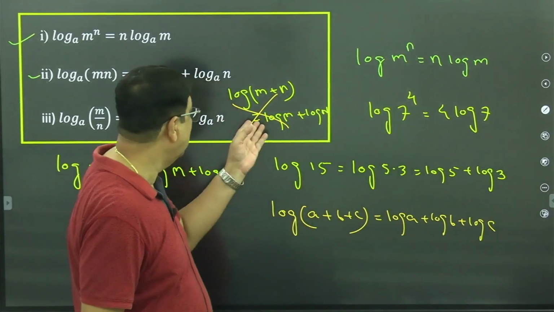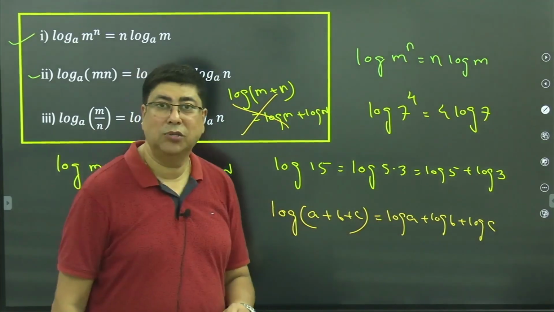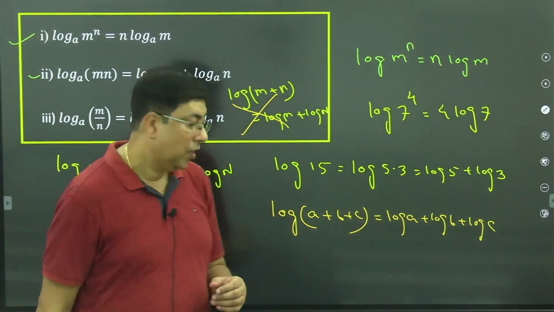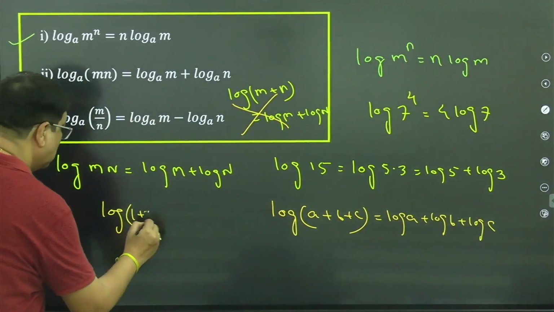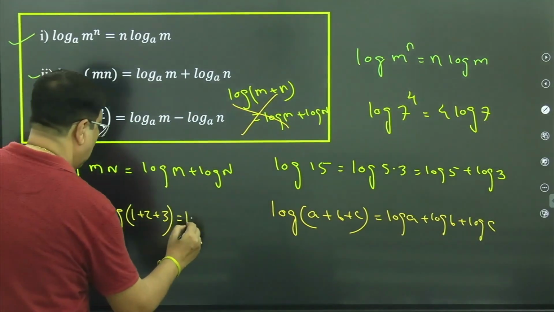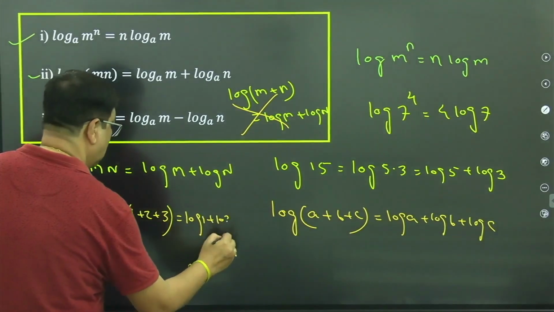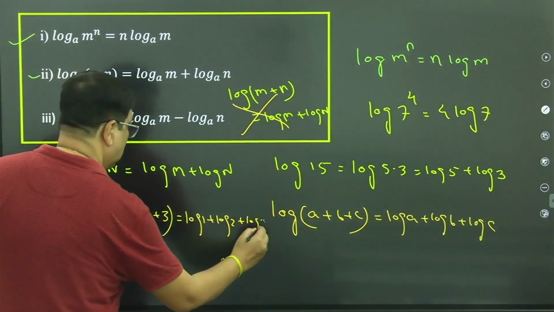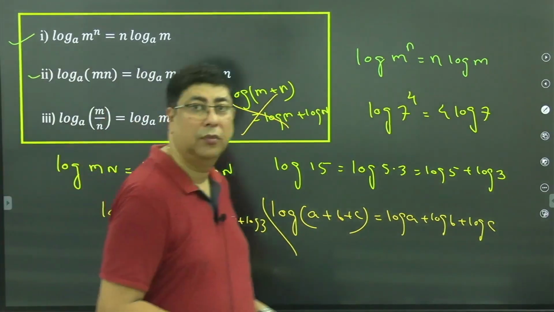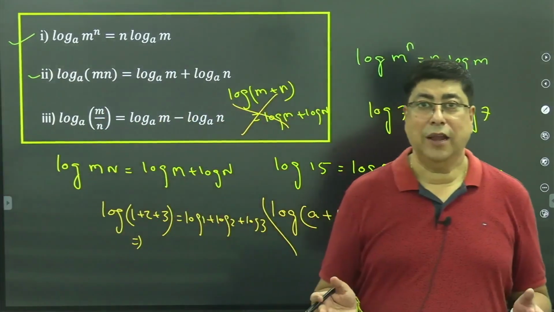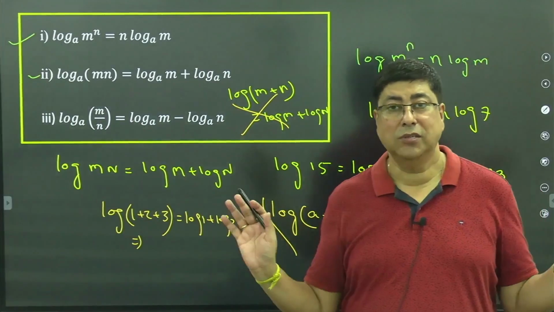Actually, it's not true in general. Under what condition does it become true? Anyone can tell, everybody? I am telling you. See one thing: log of 1 plus 2 plus 3 equals log 1 plus log 2 plus log 3, because both sides are log 6. For any other value it is not possible.